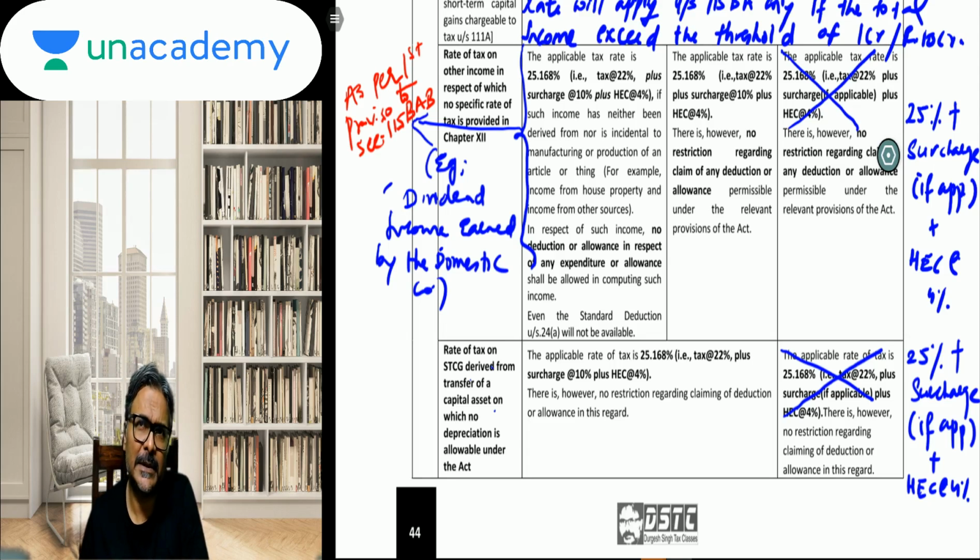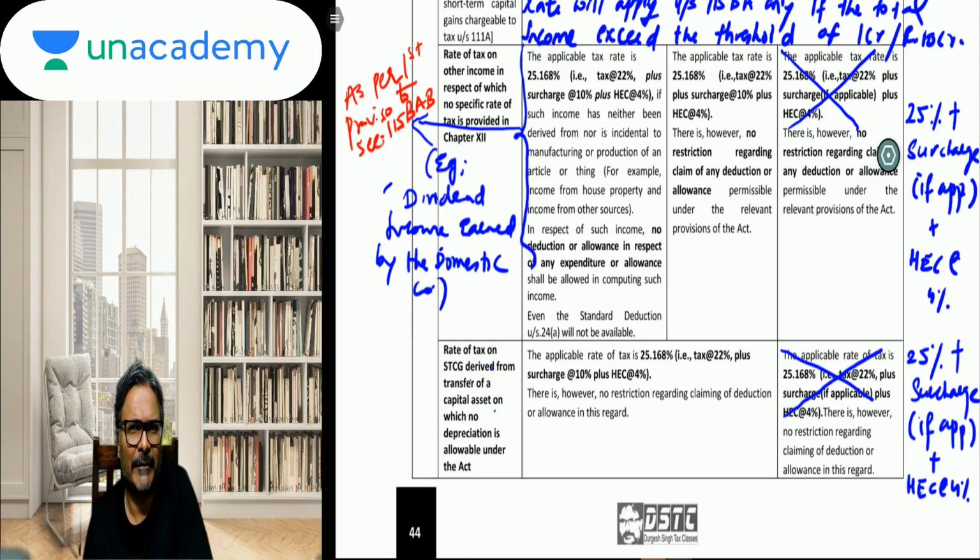Students, what happens in this? They say that for that particular income on which there is no special rate of tax, and at the same time it is also not earned from the manufacturing activity, because 115BAB as a section, students, pay attention on this one, is applicable only to a manufacturer, which we will see.